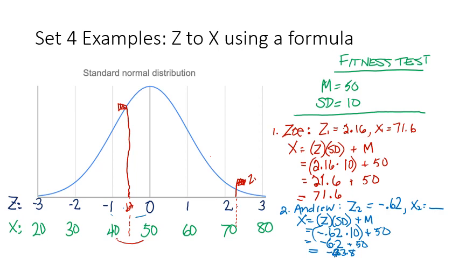Sorry about that calculation problem. 43.8 falls just where we predicted, and so 43.8 is his raw score.